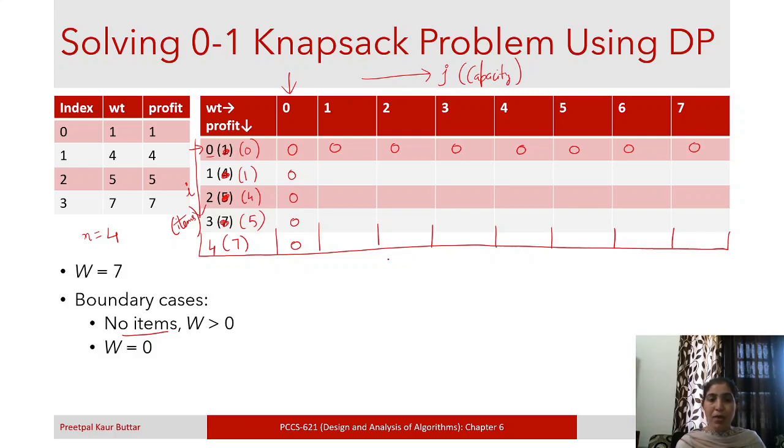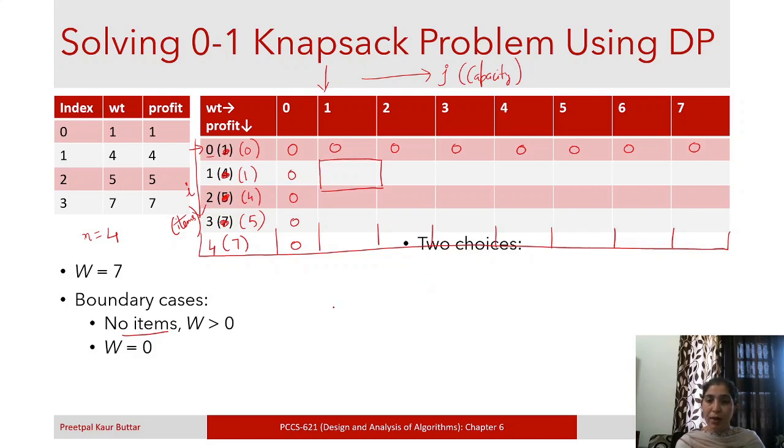Okay, so now we will move to the next subproblem which we can solve. Okay, so the next subproblem which we can solve is this one. Okay. So here I is 1, that is you are considering the first item. The first item, its weight is 1 and its profit is also 1. Okay, and here you are taking the capacity of the knapsack equal to 1. The capacity of the knapsack is also 1.